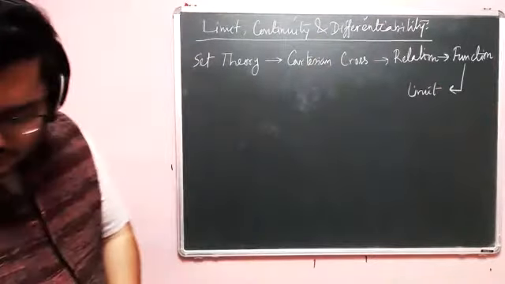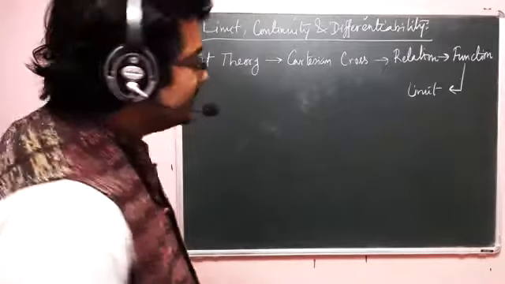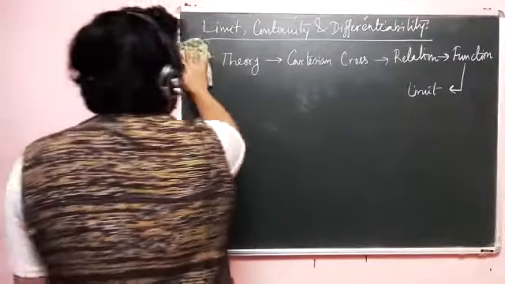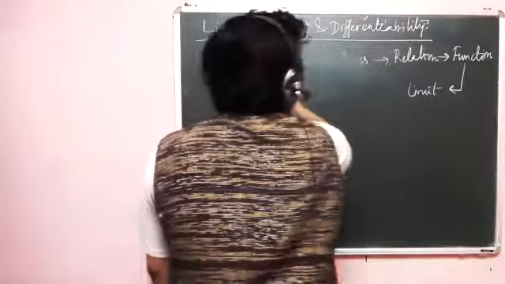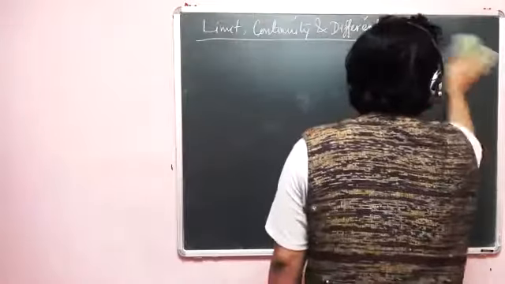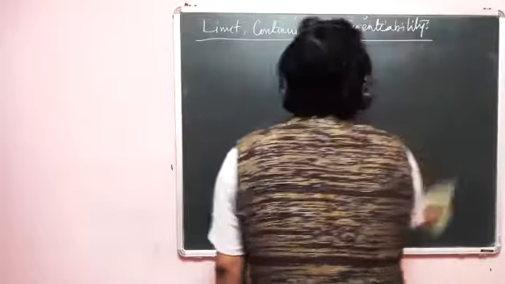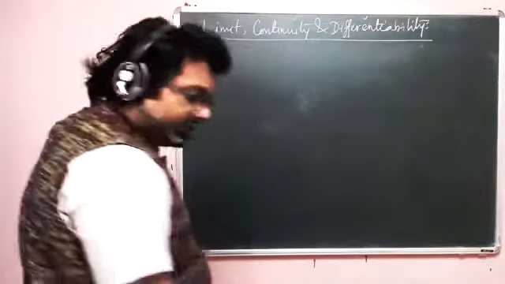So when we are starting with limit, I'm assuming that you understand what a function is, not how I write a function, but what a function actually is: how a set of ordered pairs becomes a function, and another set of ordered pairs does not.